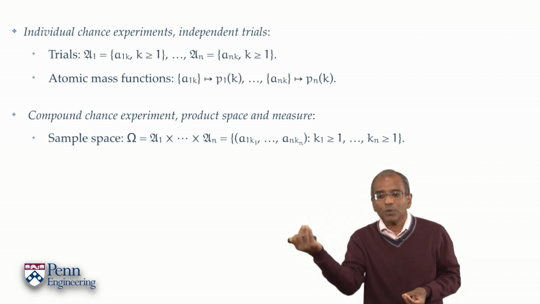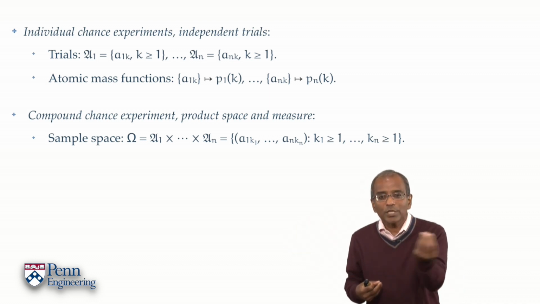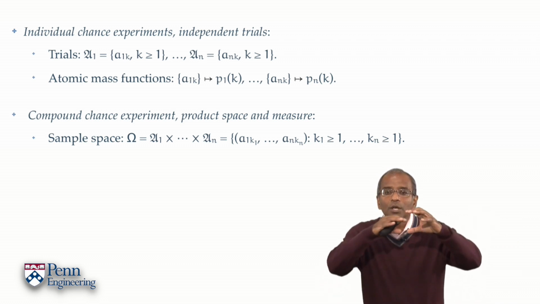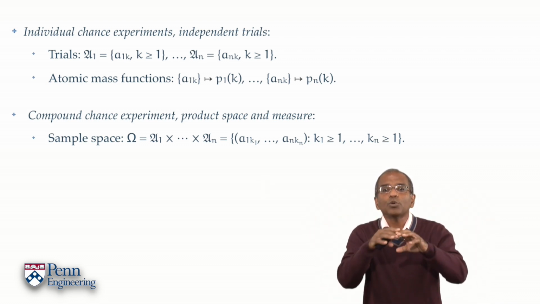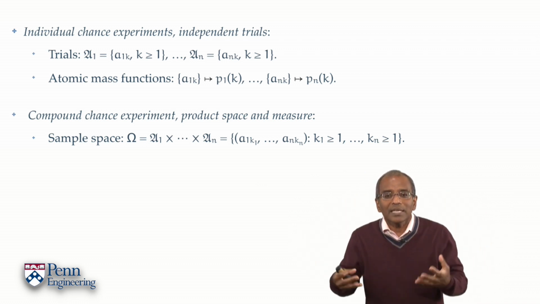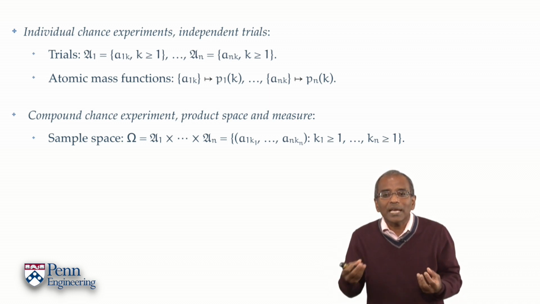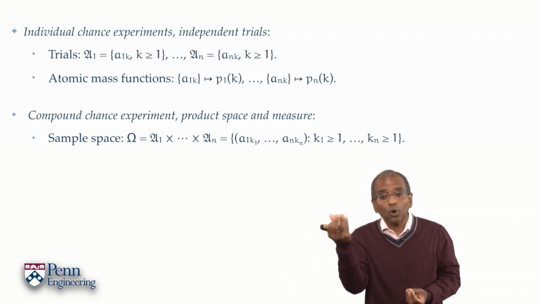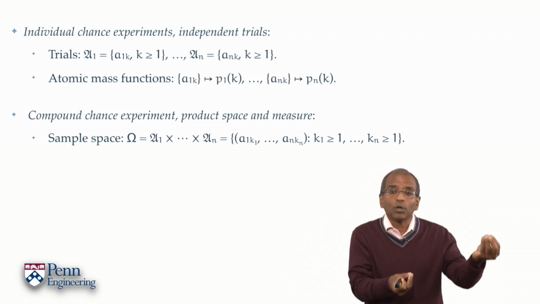As k1 ranges over all possibilities, k2 ranges over all possibilities, kn ranges over all possibilities, you allow your sample point, your n-tuple, to range over all possibilities in a space of n-tuples. This, then, is your conjoined sample space. This is obtained as a Cartesian product of Gothic A1 with Gothic A2 and so on with Gothic An.